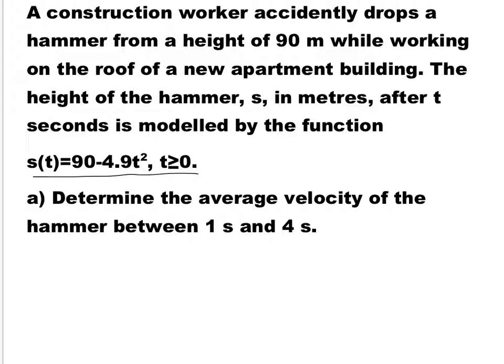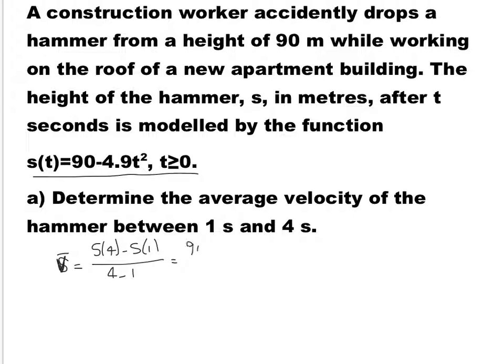The first part of the question says, determine the average velocity of the hammer between 1 and 4 seconds. The average velocity, which I denote with V bar, is going to be S4 minus S1 divided by 4 minus 1.